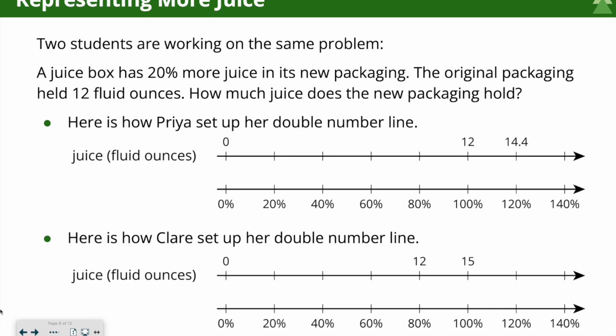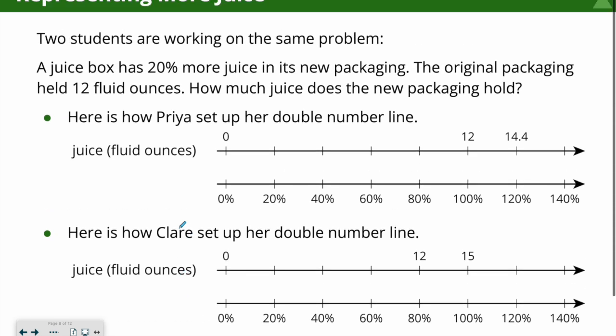So Priya and Claire set up two different double number lines, and we have to decide who set up the correct double number line, or maybe neither one of them did. We could see Priya put the 12 at 100% and then found 120% to be 14.4. And Claire put the 12 at 80%. It says a juice box has 20% more in its new packaging. So I'm adding 20%.